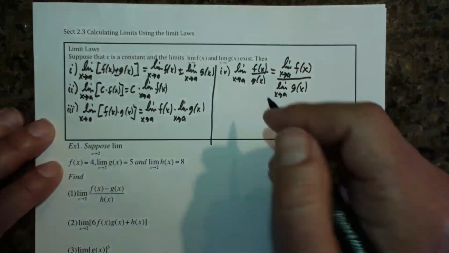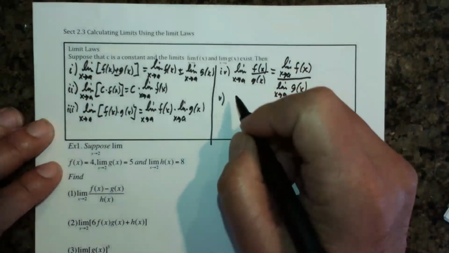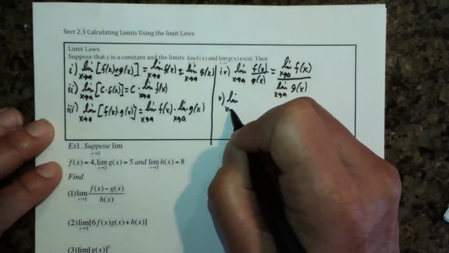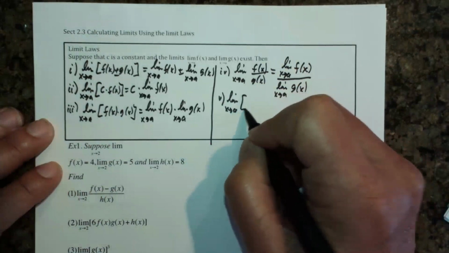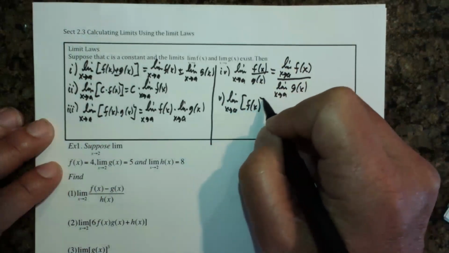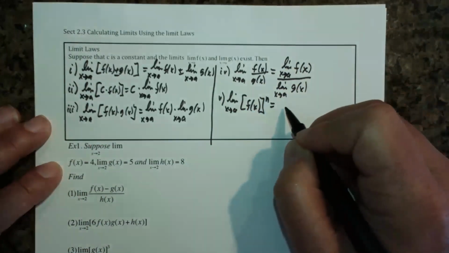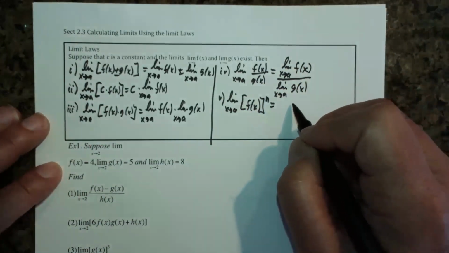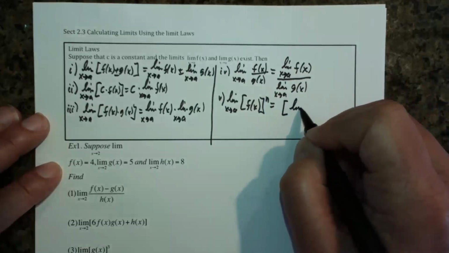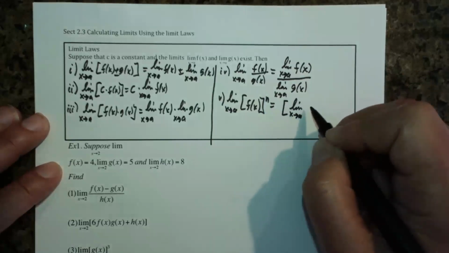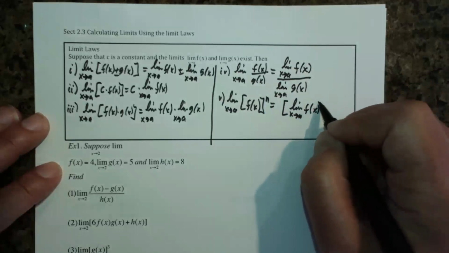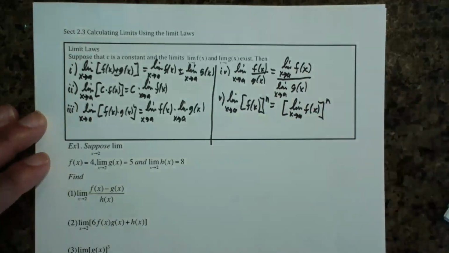And there are a couple of exponential ones. This can become, again, just bring that limit on in, inside.